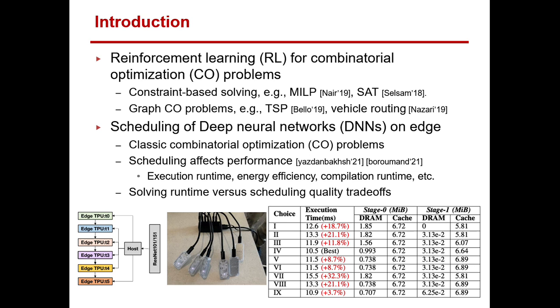Besides, we also observed that the scheduling solution provided by the Edge TPU compiler still has a lot of room to be improved, which motivates us to explore reinforcement learning scheduling on edge devices and use the Google Edge TPU as our scheduling backend.